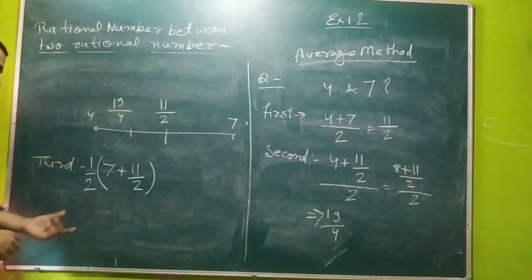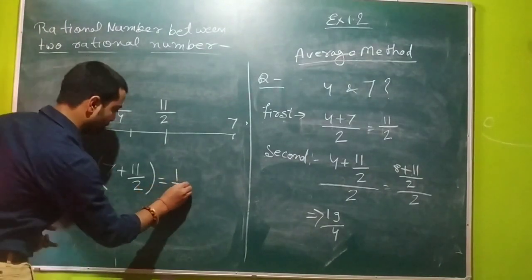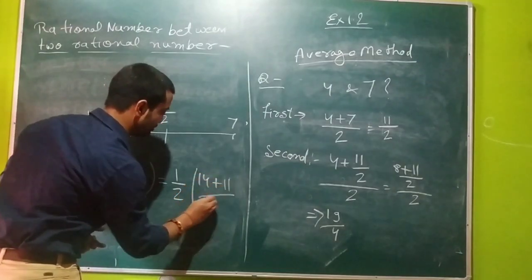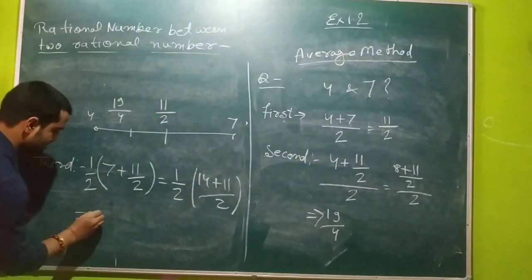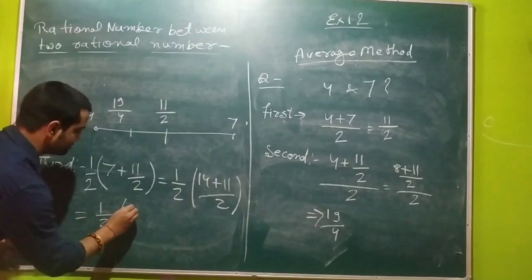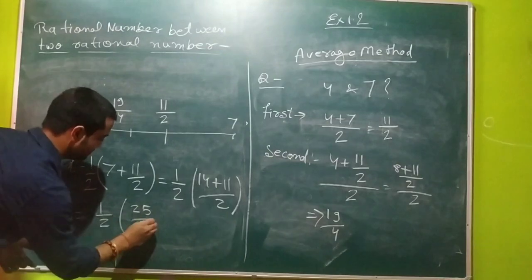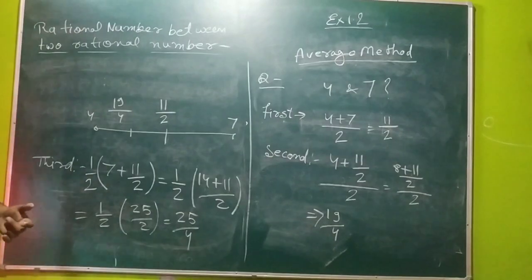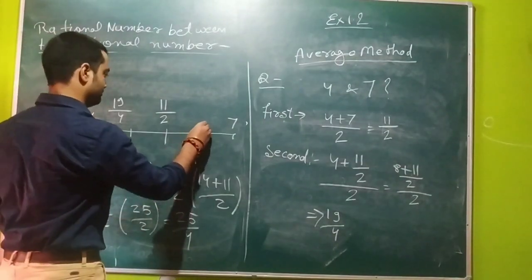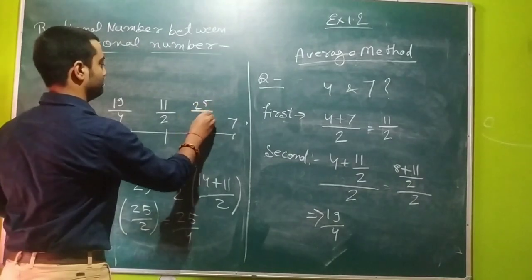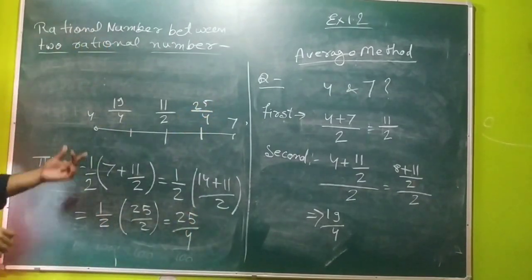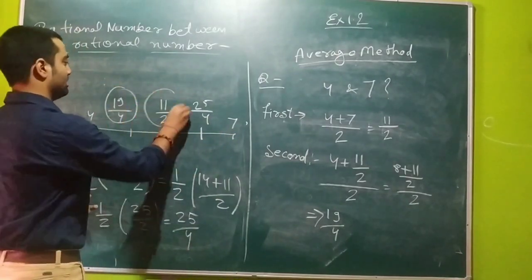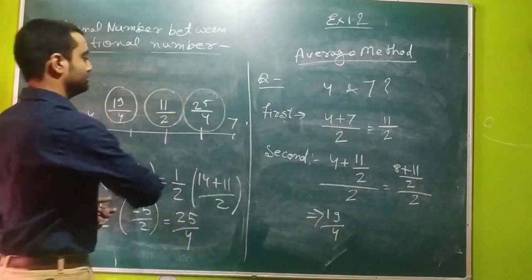So it will give us 1 upon 2 in bracket 14 plus 11 upon 2, that is 1 upon 2 in bracket 25 upon 2, that gives us 25 upon 4. So here is the number 25 upon 4. So 3 rational numbers between 4 and 7 are 19 upon 4, 11 upon 2 and 25 upon 4.